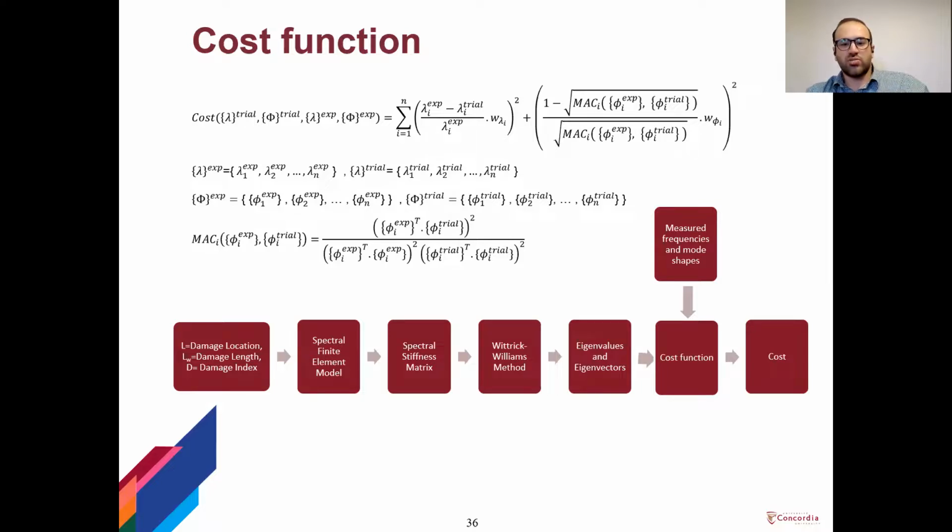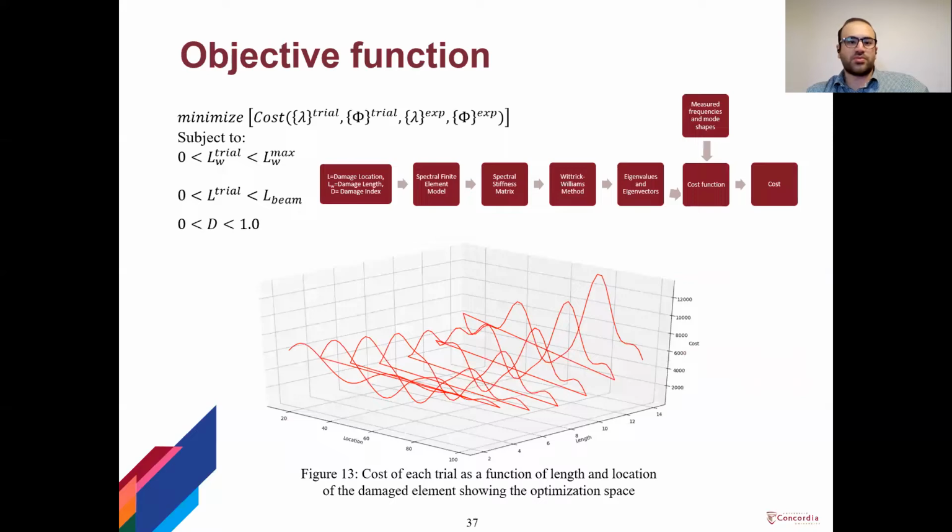Since mode shapes are vectors, MAC value or the modal assurance criterion is used to compare the mode shapes. So for each trial structure, a spectral finite element model is built and its stiffness matrix is generated, and using the Wittrick-Williams method, its eigenvalues and eigenvectors are found and compared with measured frequencies and mode shapes, and the cost value is found.